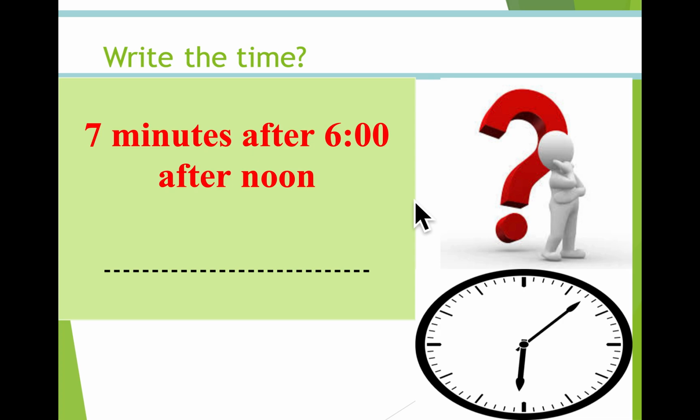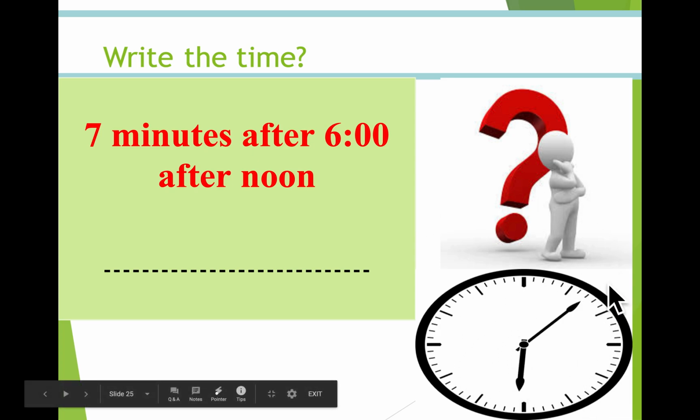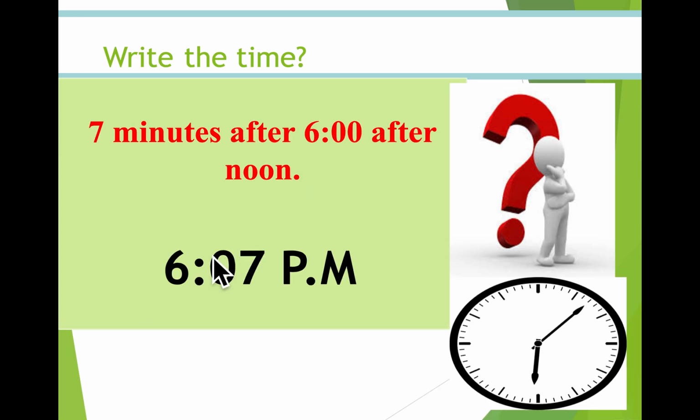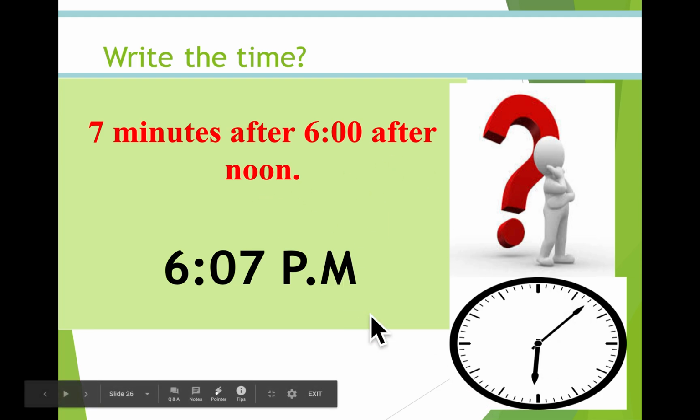Take a second. You can use this clock as well if you're having some trouble. 7 minutes after 6. Then afternoon, is that AM or PM? So the answer is 6:07 p.m. because it's afternoon. Post meridian, afternoon.